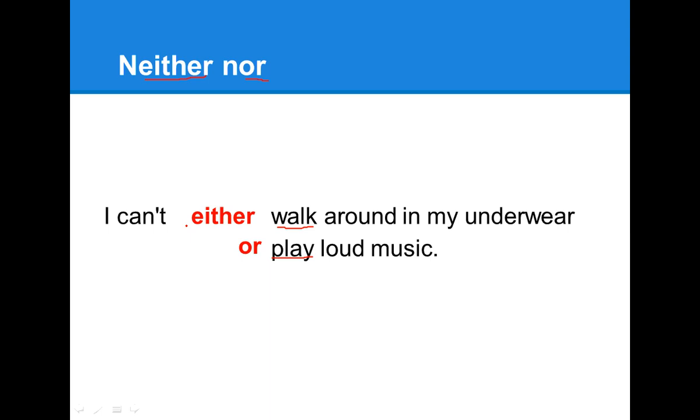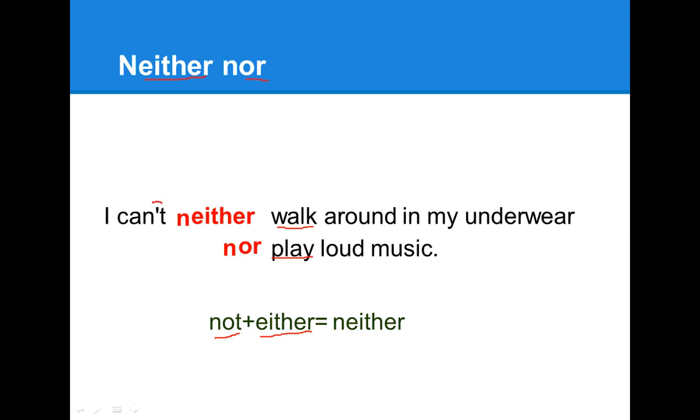Now here's the situation. Neither equals not and either together. So we know that I can't walk, I can't play. Both of those things are negative. So let's go ahead, add our little ends. I can't neither walk nor play.